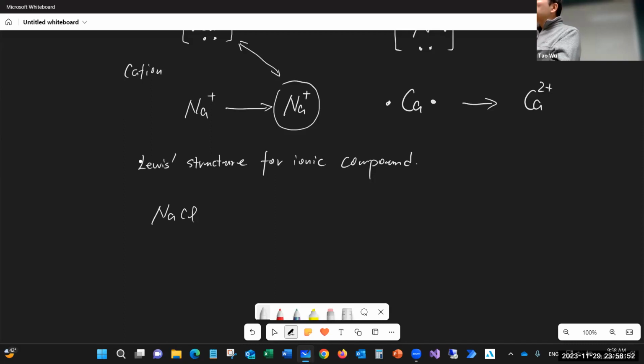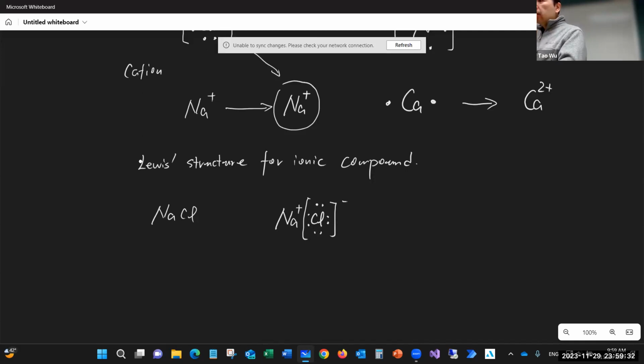So when you write the Lewis structure, you just need to write the form for the cation and the form for the anion. Then you put them together. That's it. So for sodium chloride, that's just a sodium ion plus a chloride ion. If you know the sodium ion, then that's the sodium ion. For the chloride ion, this is the chloride ion. Put them together, and this is the Lewis structure for sodium chloride.